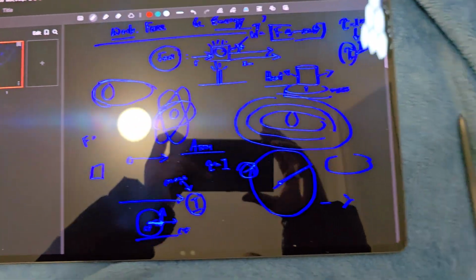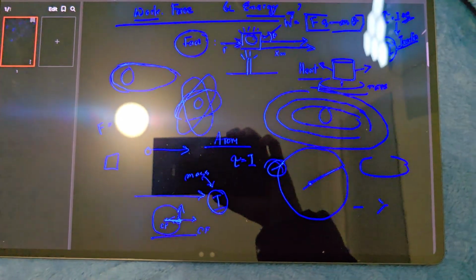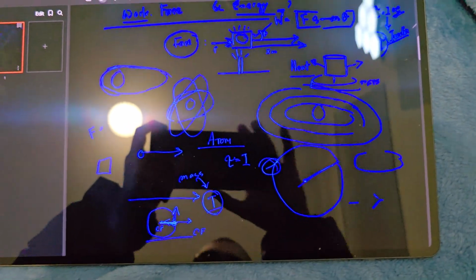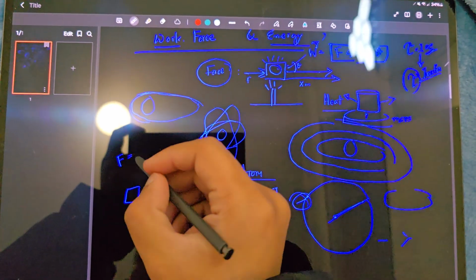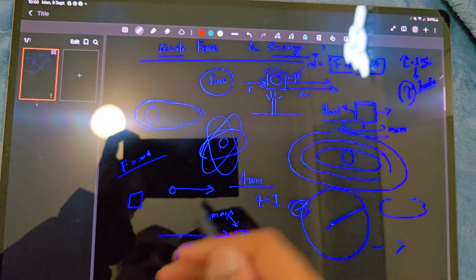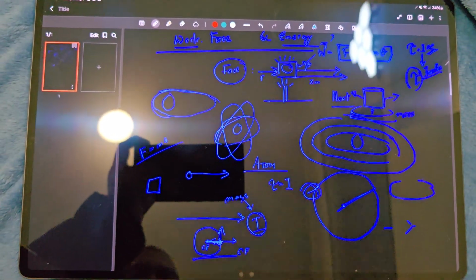Newton's first law, everyone knows about it. 3 laws: first law, second law, and third law. The second law is quite much the demonstration of force equals mass into acceleration. Quite simple, nothing rocket science.